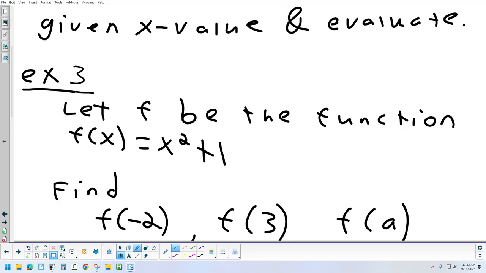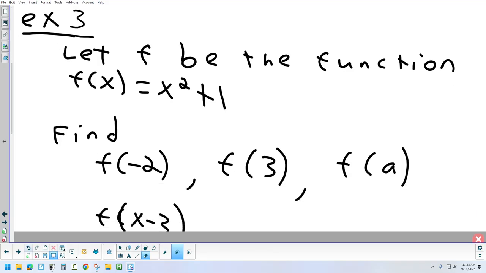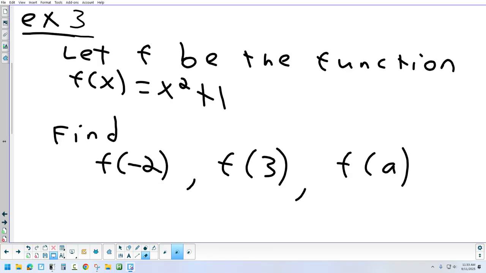So we're going to take each one of those one at a time, fill in the value I ask you to into the formula for x, and simplify as much as you can. Let's start with f of negative 2.